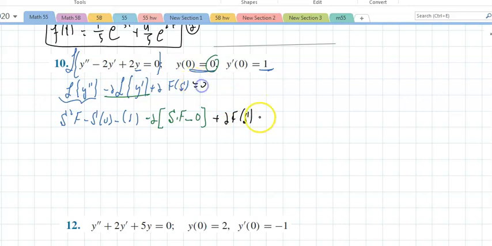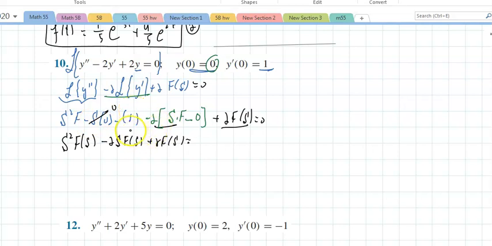F and F of s are the same, so this is going to be s squared F of s minus 2s F of s plus twice F of s equaling, that's a 0.